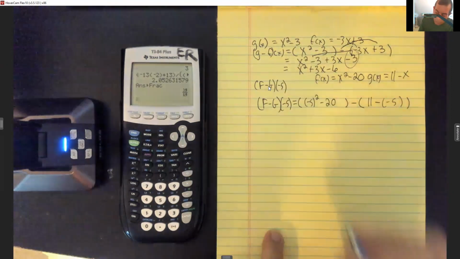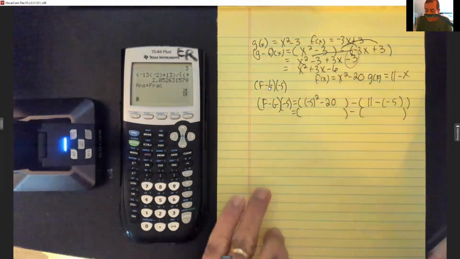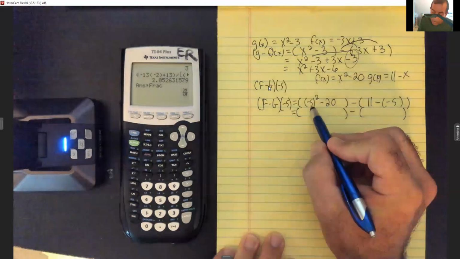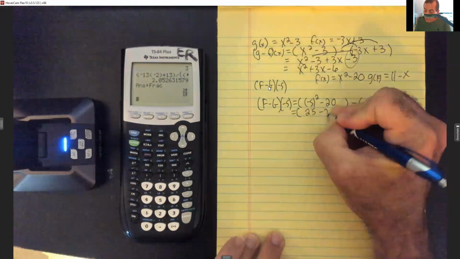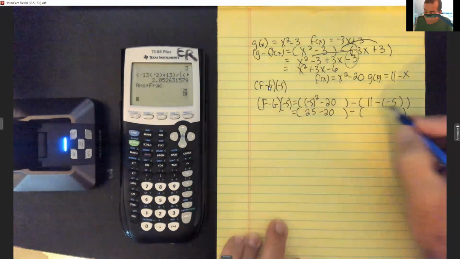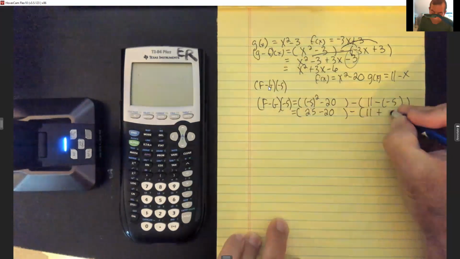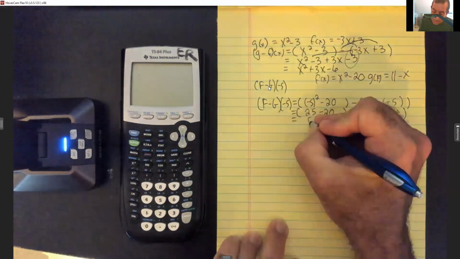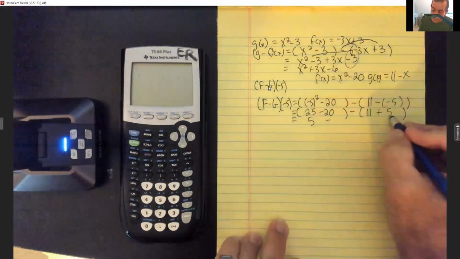So we're going to do order of operations inside of each parenthesis. So first you would square the negative 5. So negative 5 times negative 5 is 25 minus 20. Over here, 11 minus a negative 5 would be like 11 plus 5. All right, so let's see what I get. 25 minus 20 is 5, minus 11 plus 5 is 16.